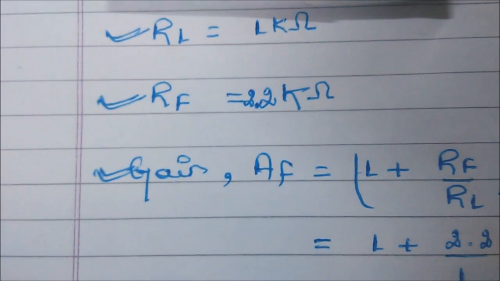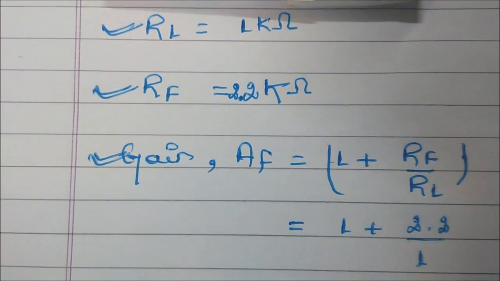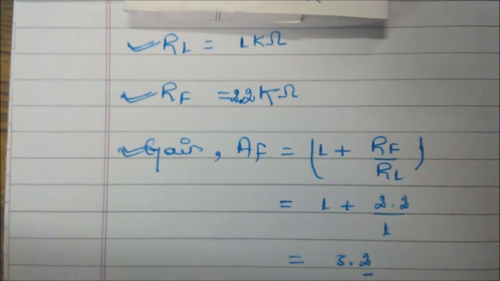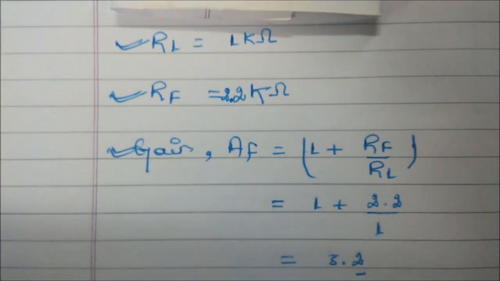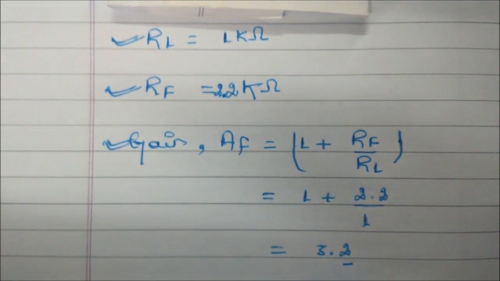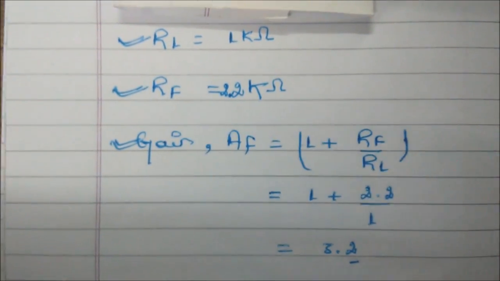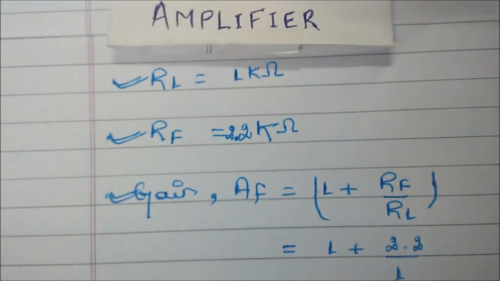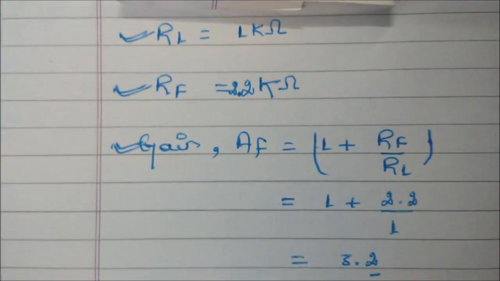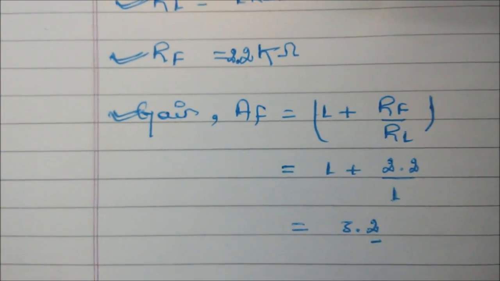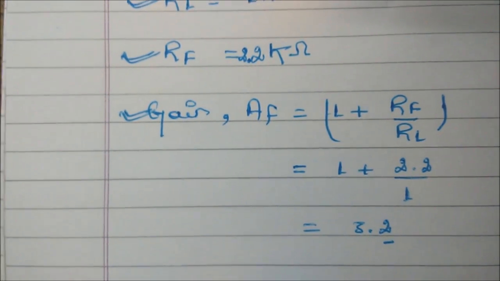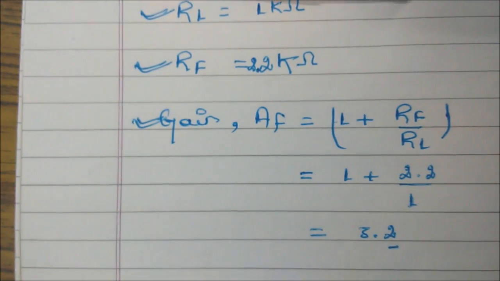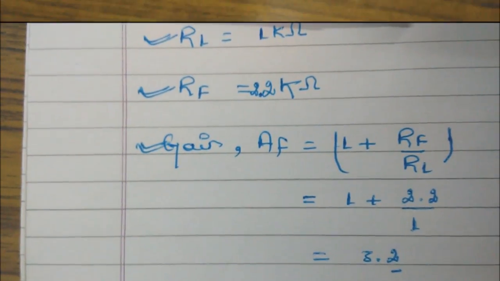The magnitude of R1 that we have taken for this analysis is 1 kilo ohm, RF is 2.2 kilo ohm, and you see the formula to calculate the gain right there in the picture. After calculation, the gain will be 3.2.